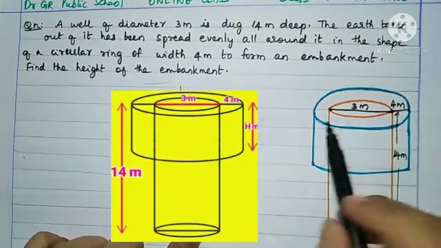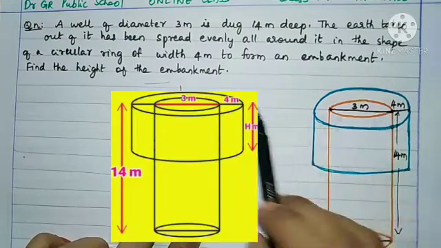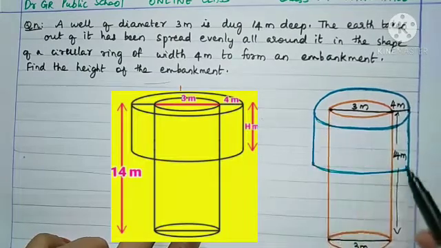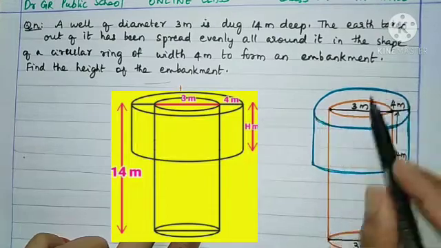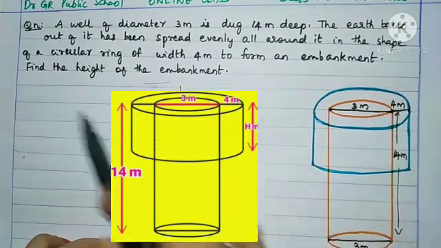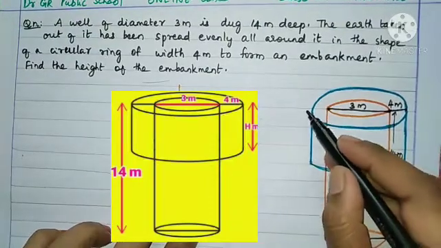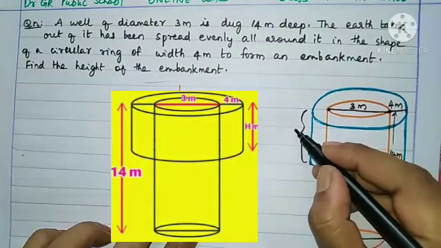So the width between the two circles is 4 meters to form an embankment. This is the height, and this is the outer cylinder. Now find the height of the embankment. We need to find out this height of the embankment.